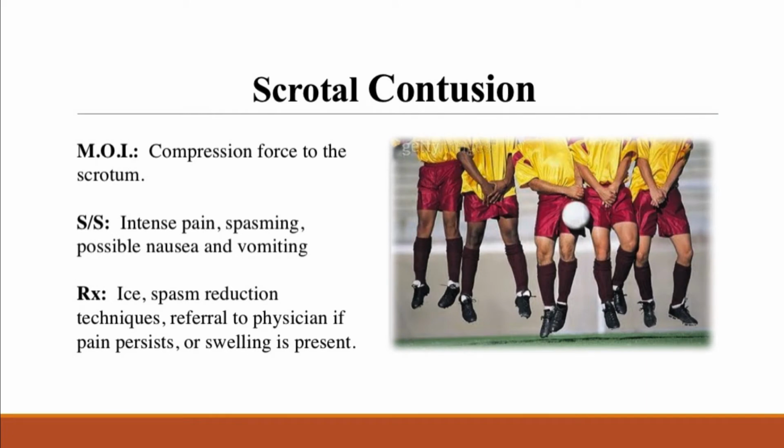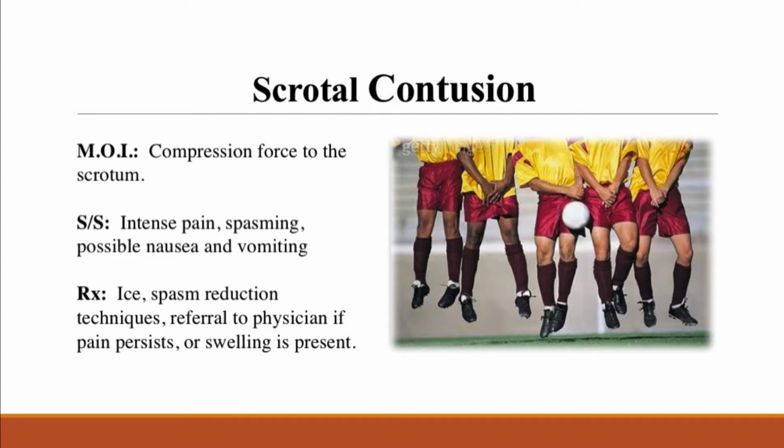A direct blow to the scrotum causes intense pain, nausea, and sometimes vomiting. The athlete may also experience complications of delayed swelling and spermatic cord torsion. Calm the athlete down and implement one of the following techniques to reduce the spasm. First, have the athlete squat down and gently bounce up and down.